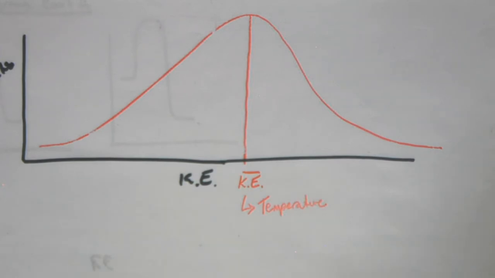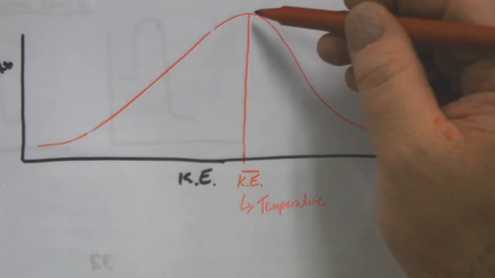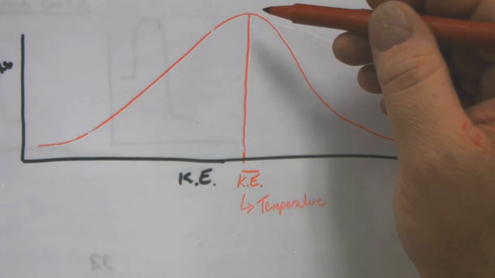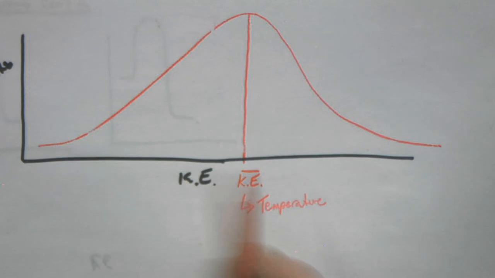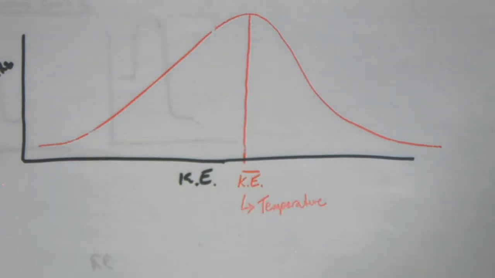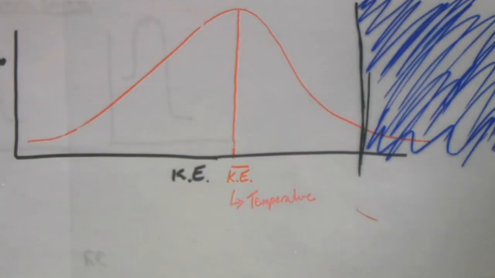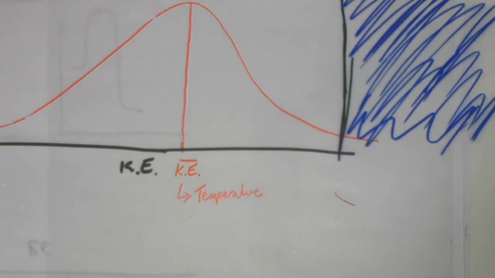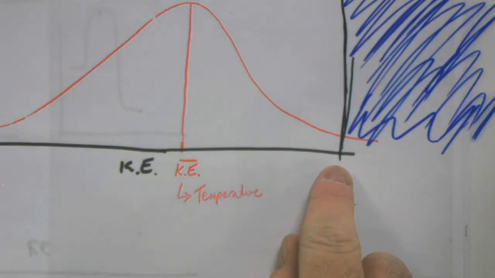Okay, the idea that we have all these range of molecules, but our temperature is given by the average kinetic energy of all these molecules. We may have molecules moving faster, we have molecules moving slower, but this is the average of all of them. Okay, so I'm going to bring this into play. And this black line right here represents the activation energy of a reaction.